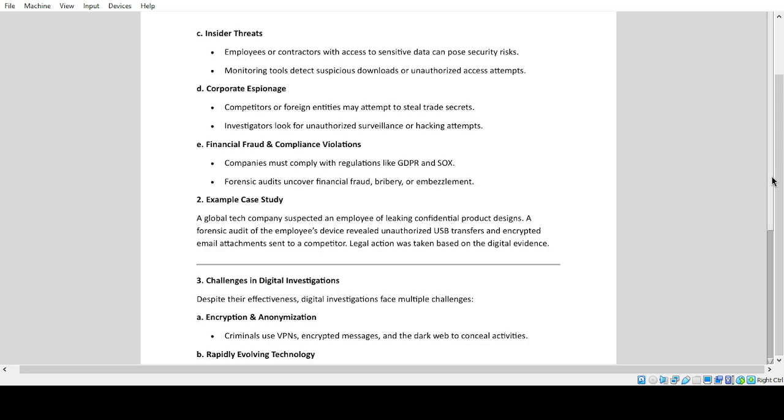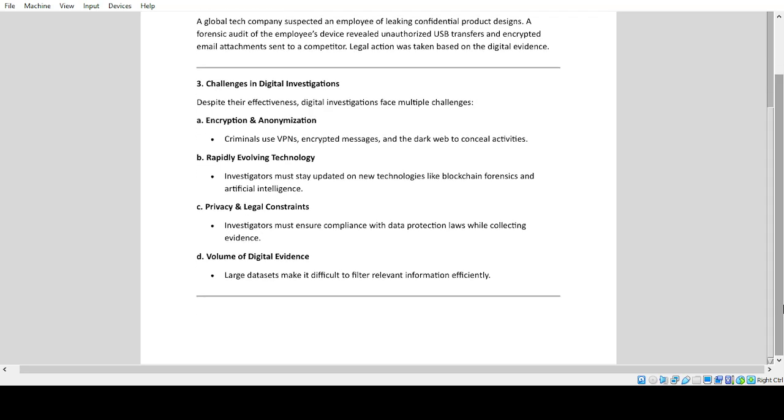3. Challenges in digital investigations. Despite their effectiveness, digital investigations face multiple challenges. A. Encryption and anonymization. Criminals use VPNs, encrypted messages, and the dark web to conceal activities. B. Rapidly evolving technology.